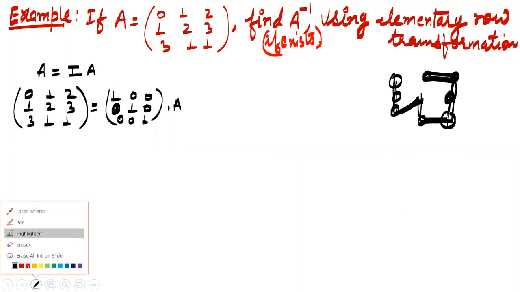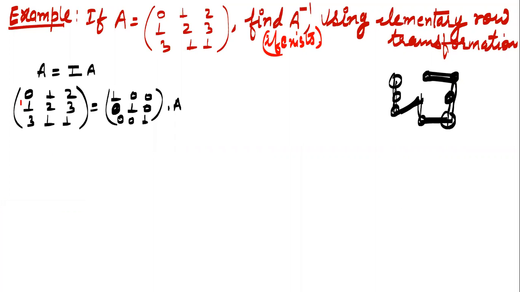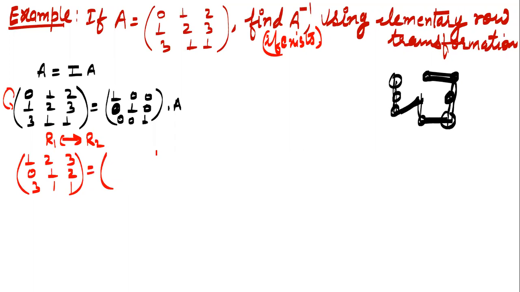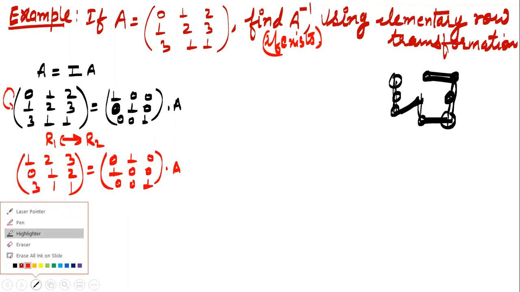We can interchange these two rows. R1 double arrow R2 means we are interchanging. 1, 2, 3, 0, 1, 2, 3, 1, 1. Same transformation will be done in RHS. 0, 1, 0, 1, 0, 0, 0, 0, 1 into A. Now the next step.